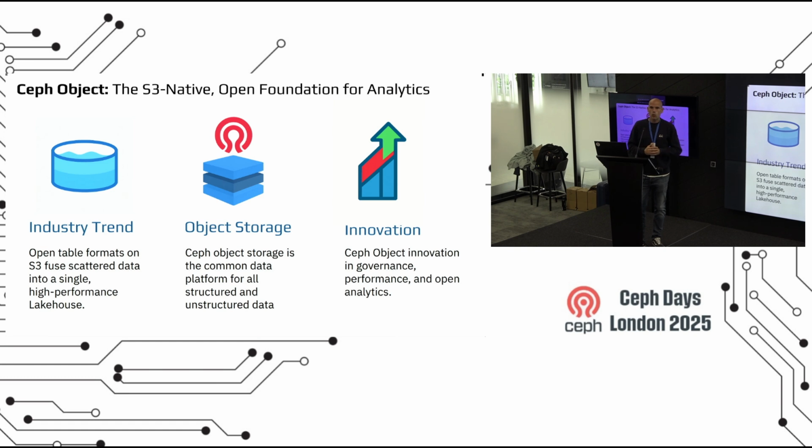Even right now, we have many features that can help: IAM policies, encryption at rest, encryption in transit, and bucket notifications that integrate with Kafka and also Knative, so you can have serverless data pipelines. All of this is already there. And we can talk about object locks, and that's going to really help you in all the different stages of your journey and of your data pipelines. So really, Ceph is a good match in that sense.